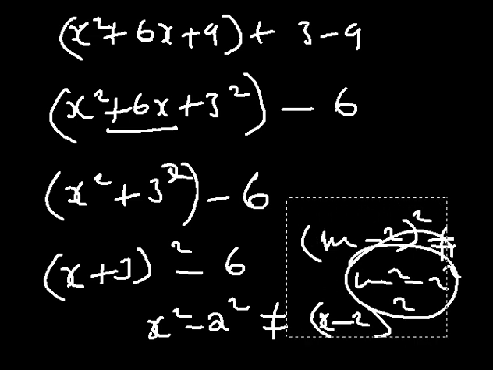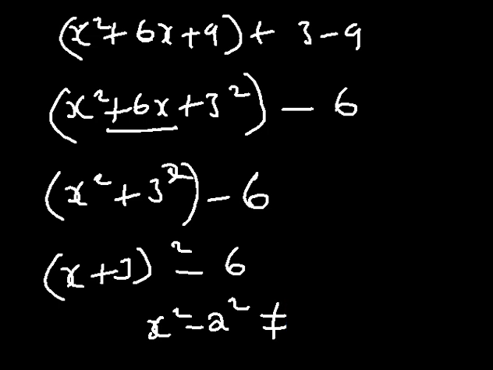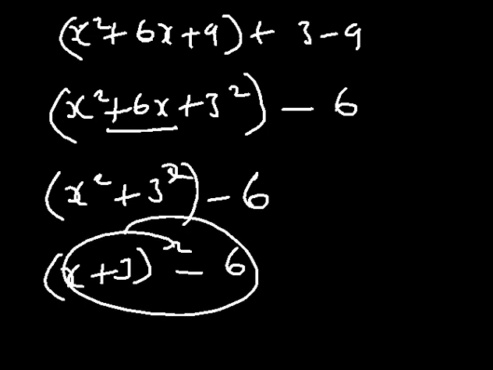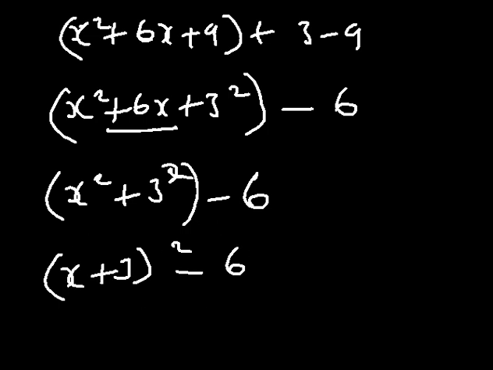But we are able to have this as this because we ignored the middle part here. It is only acceptable there. So in this case, this is how it should be. That's how we complete the square of the quadratic expression that we had to this form. So keep that in mind.